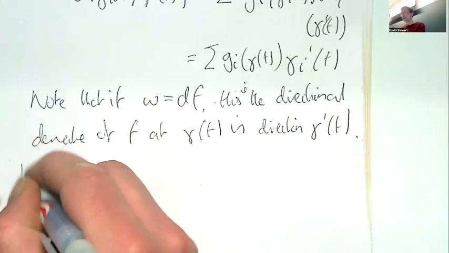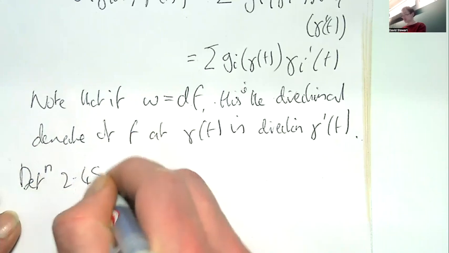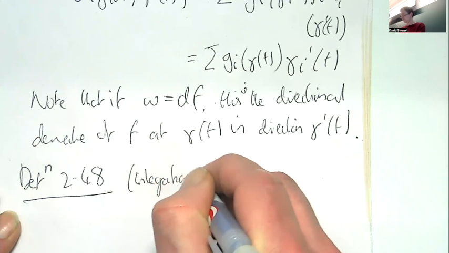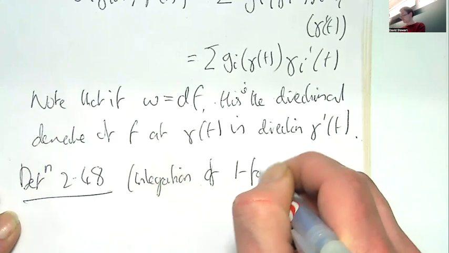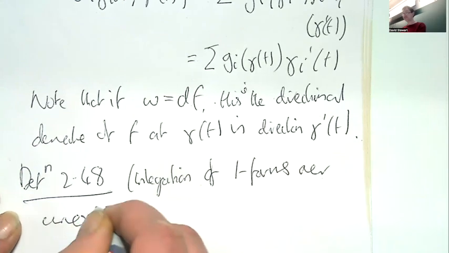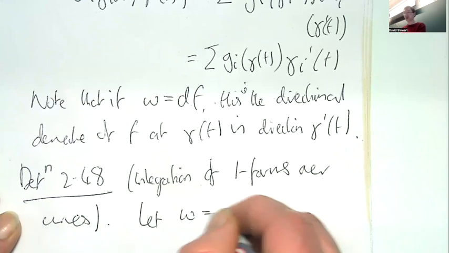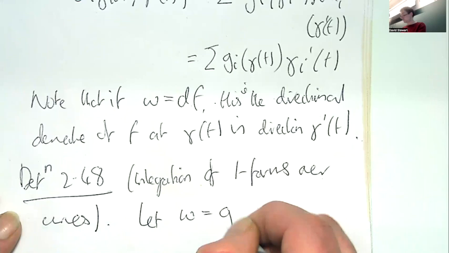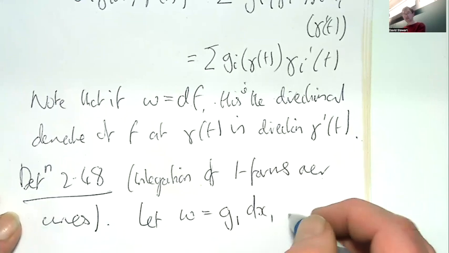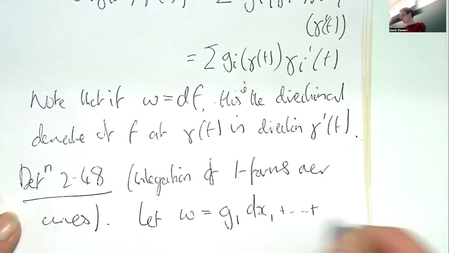So let's have a definition. This is the integration we're after. So this is integration of one forms over curves. Let omega be equal to the sum of gi dxi, with these being the coordinate functions of this one form.